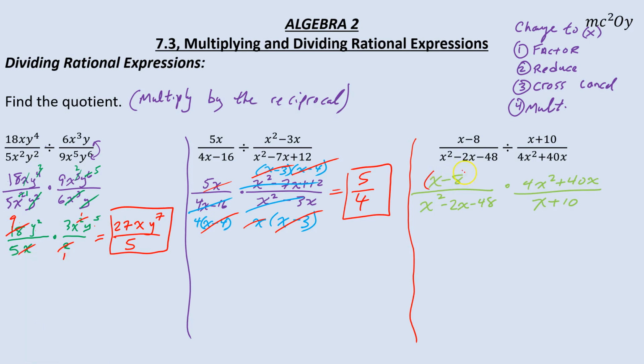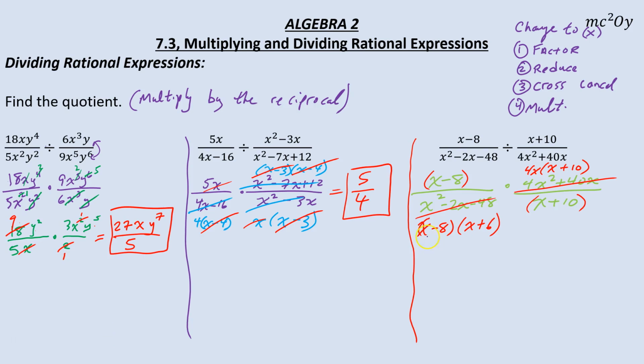So that's already factored. Can't do anything with it. This right here becomes x minus 8 and x plus 6. Right here we can take out a 4x, and left with x plus 10, and x plus 10.